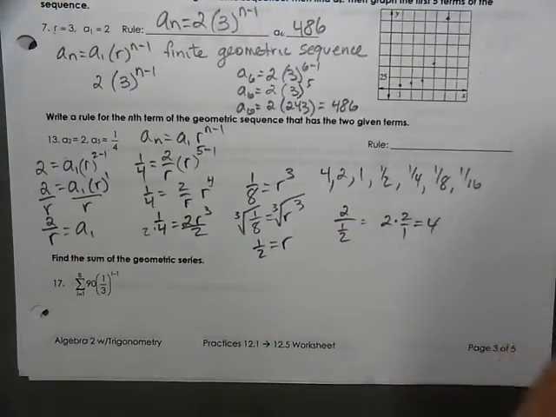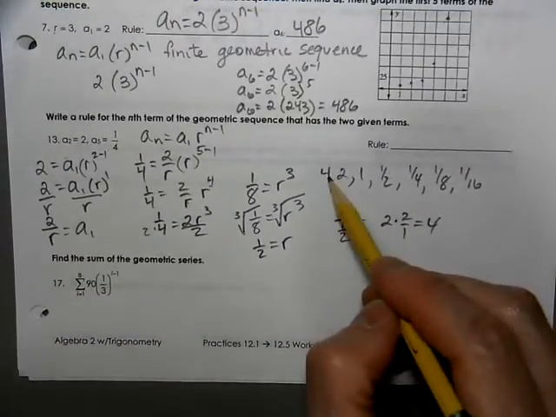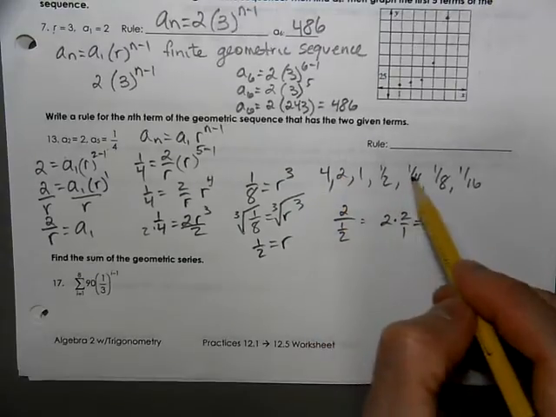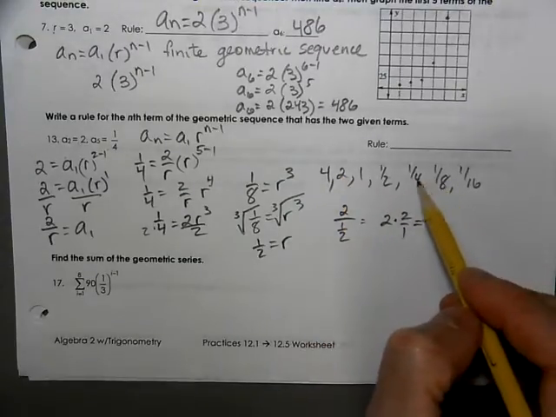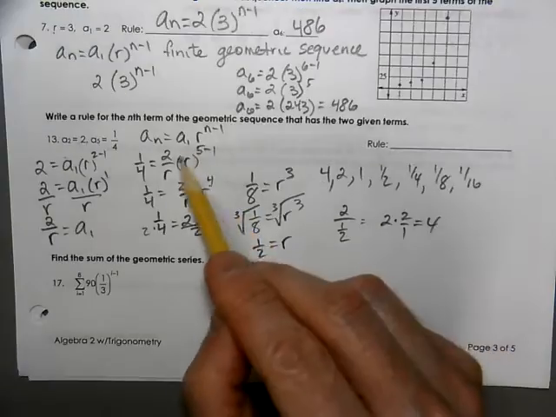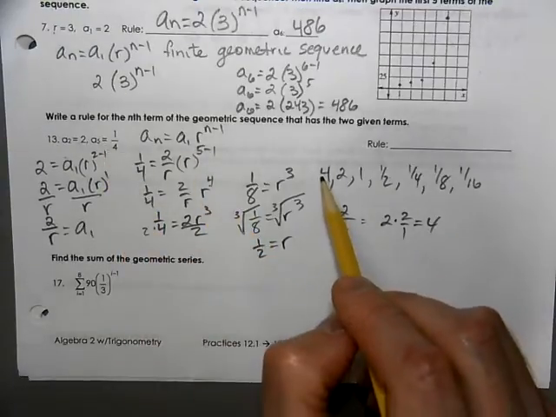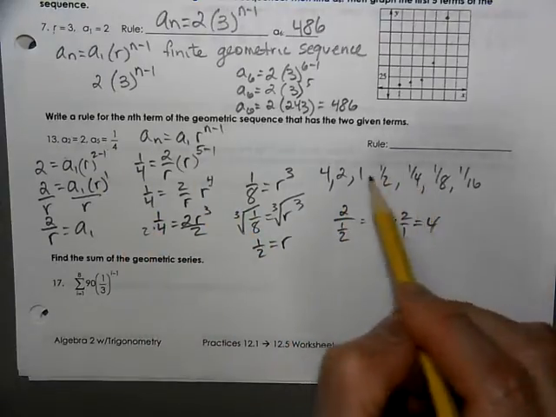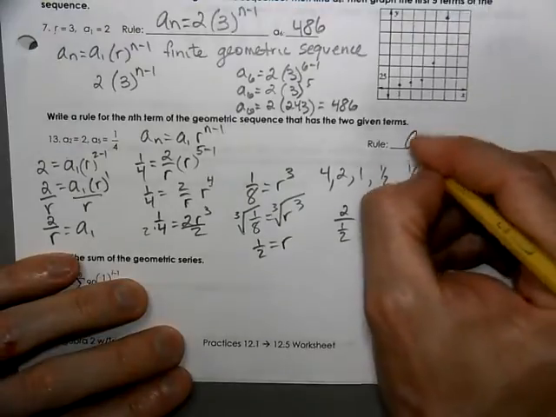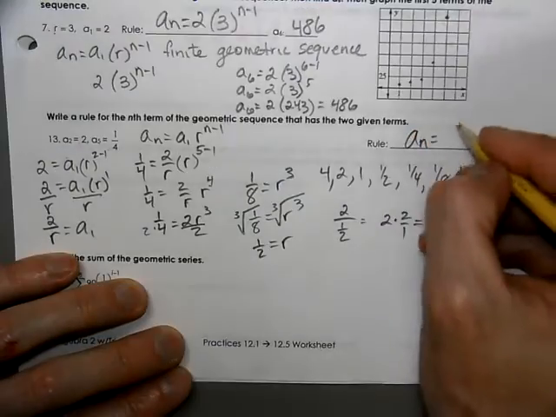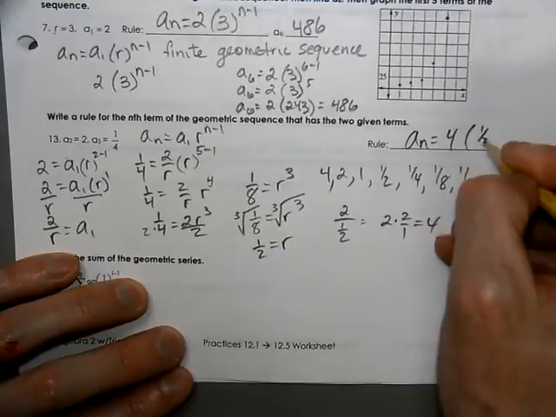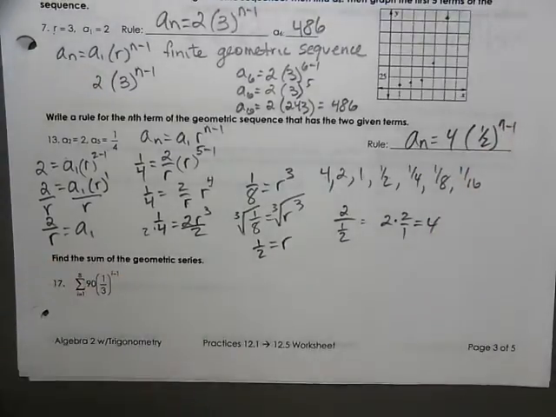So it's good to test your work. Be sure that the numbers make sense. 1, 2, 3, 4, 5, 6. And we know that the fifth term is a fourth. 1, 2, 3, 4, 5 is a fourth. So our actual rule is 4 times 1/2 to the n minus 1.